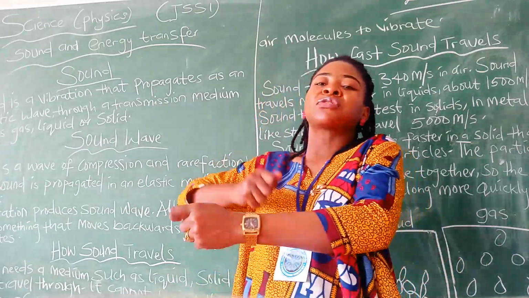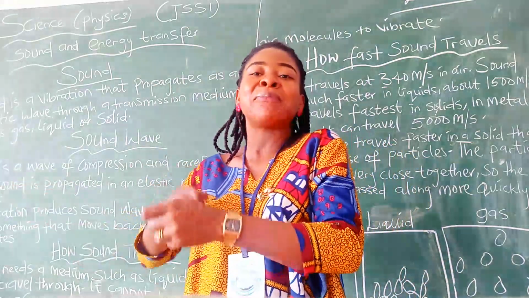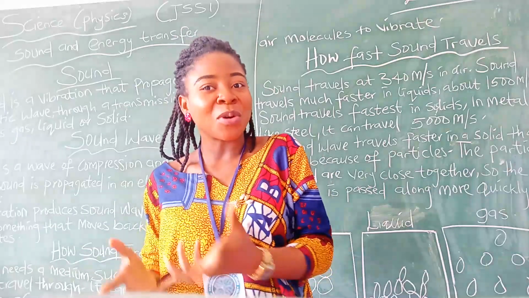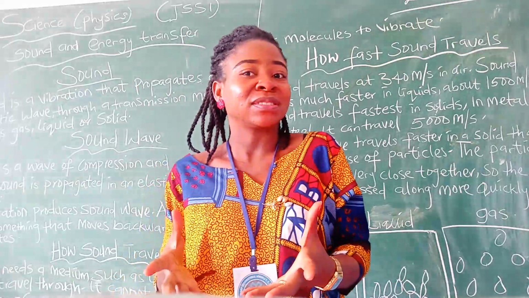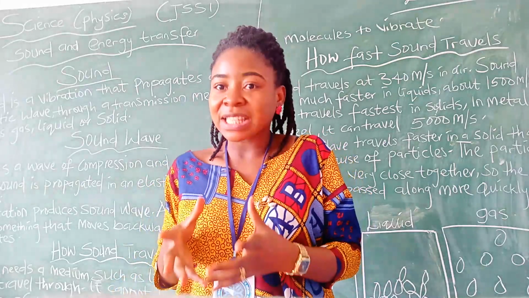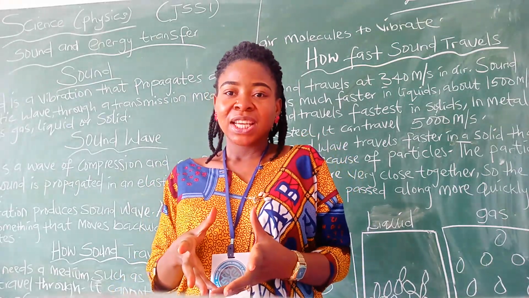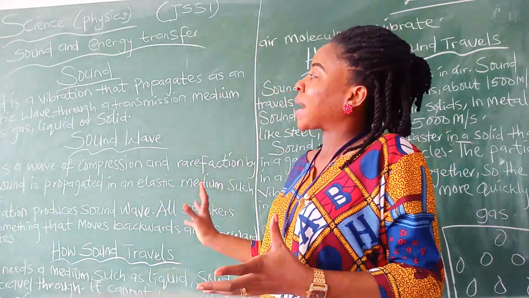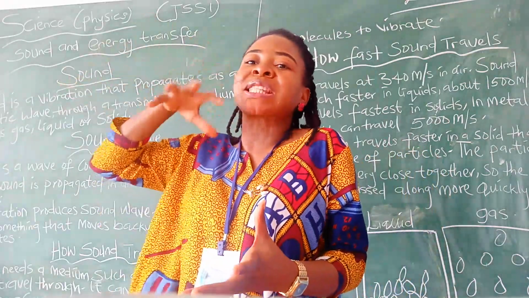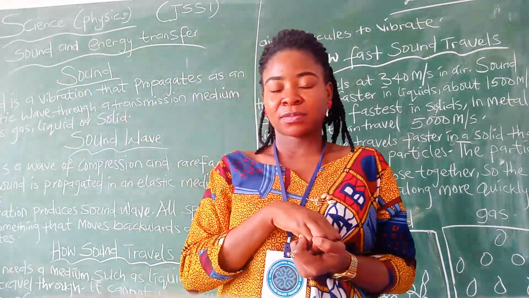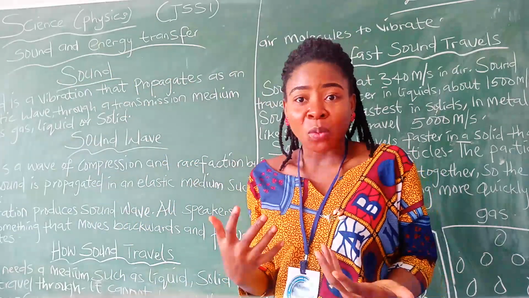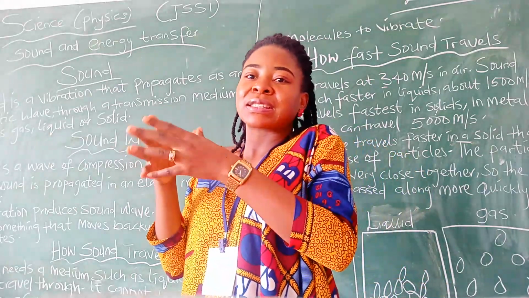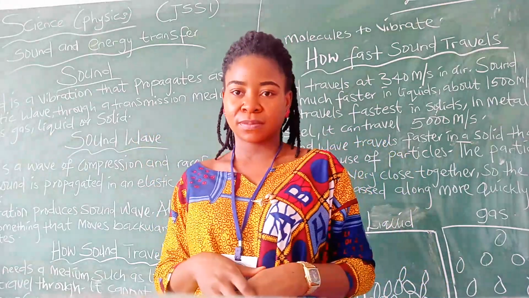So there must be something that happens for sound to occur, for us to get a sound. So now we say that it's a vibration that propagates an acoustic wave. How? Through liquid, gas, or solid.